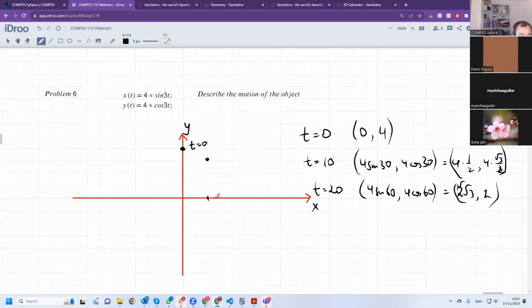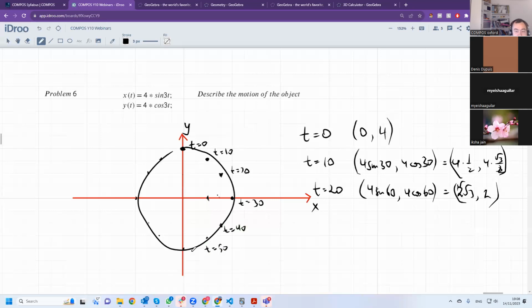This is going to be here. And when you follow it up, you will see that it is going like this. The object is moving in a uniform circular motion, moving in a circle. So t is 0, t is 10, t is 20, t is 30, t is 40, t is 50, etc.